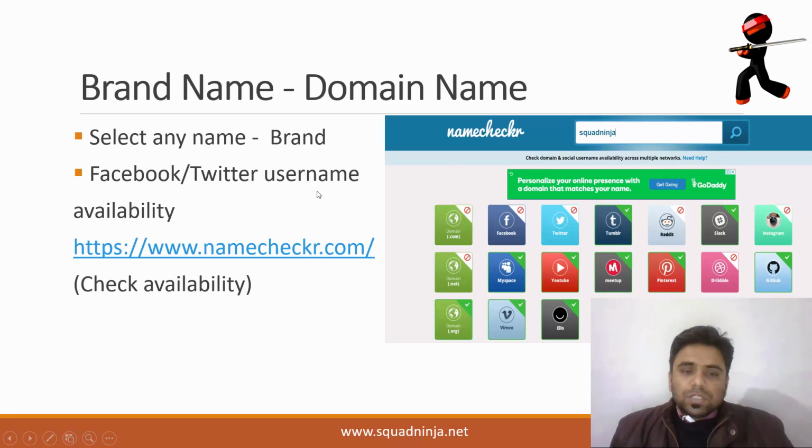You can use the website namechecker.com, and it will show the social media like Facebook, Twitter, Tumblr, Reddit, Instagram. All these we have already taken. You can do this after selecting a domain name, to check whether social media platforms are available for that domain or not.